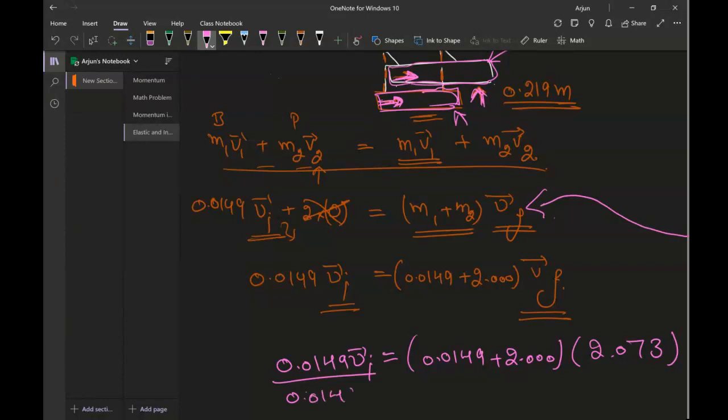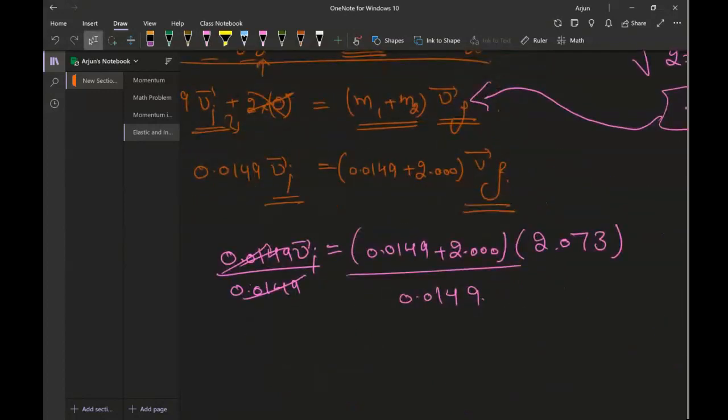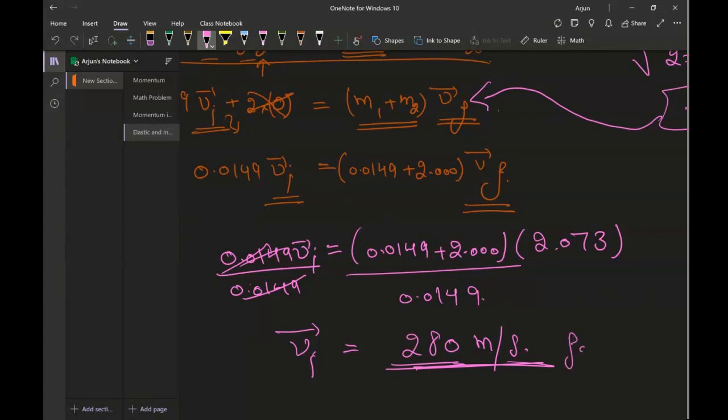Dividing both sides by 0.0149 cancels it out, and if you do the calculation, it comes out to be approximately 278 point something, but I'm rounding the answer up to 280 meters per second. That's the initial velocity you will get, and this number comes out positive, so it is a forward velocity, and the bullet was initially moving in the forward direction.